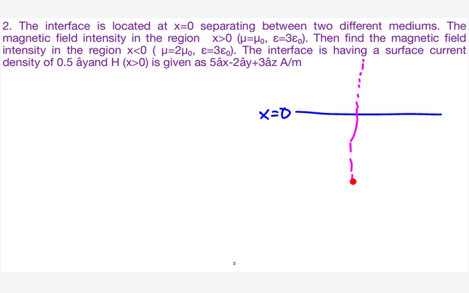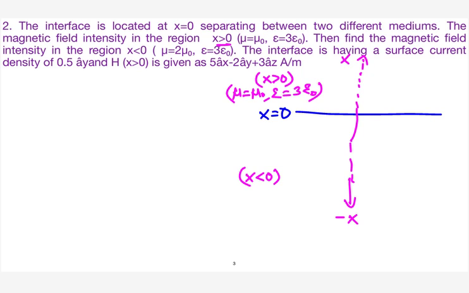So negative x means this is the surface where x is less than 0, and positive x means x greater than 0. So x greater than 0 is characterized by mu equal to mu naught and epsilon equal to 3 epsilon naught. And x less than 0 is characterized by mu equal to 2 mu naught and epsilon equal to 3 epsilon naught.